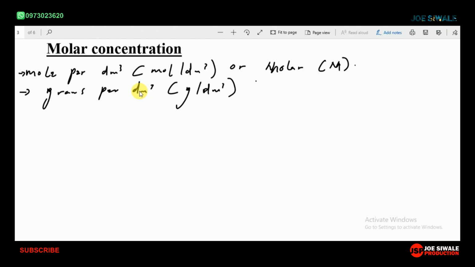So there are two formulas that can be used to calculate the concentration of a solution. These formulas are given below.